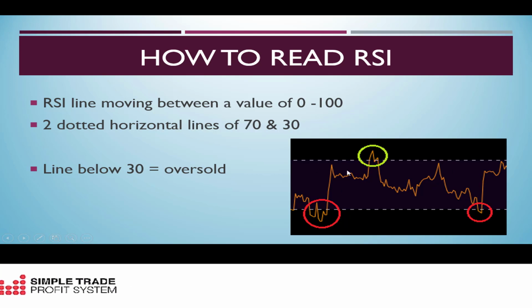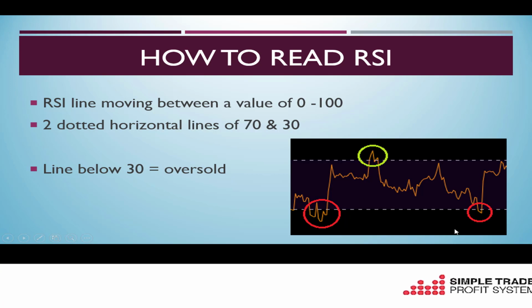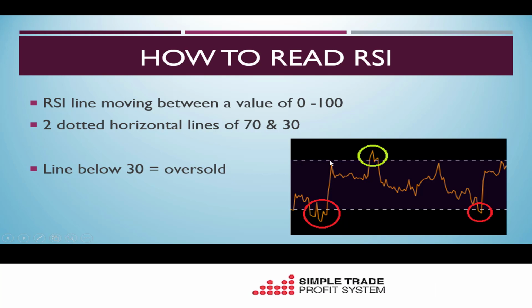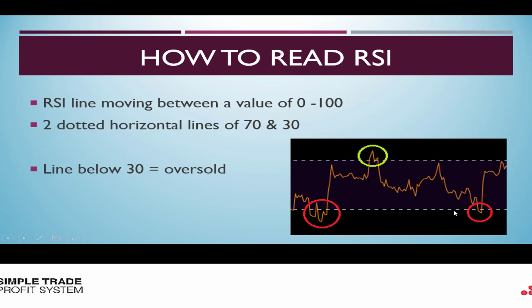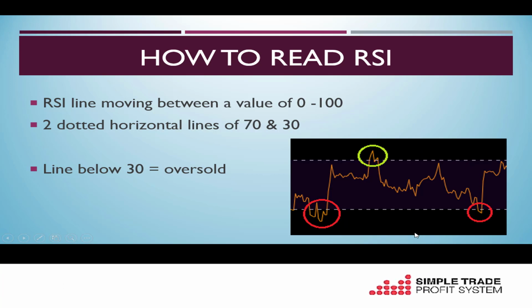It always stays between 0 and 100. The very bottom is 0, the top is 100. These dotted lines across here, the top one is 70, and the bottom one is 30. Above 70 would be 100, below 30 would be 0.